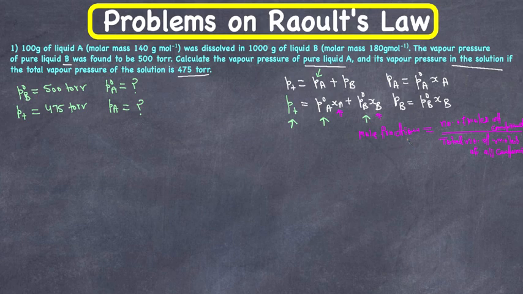So to calculate the mole fraction, we need to know the number of moles of each component. In our case it's A and B.